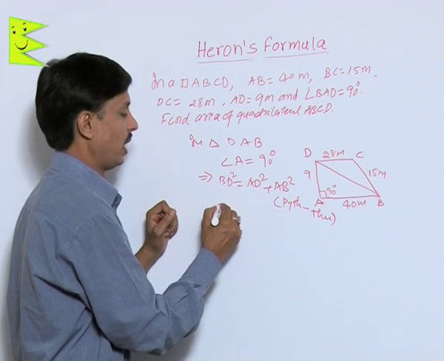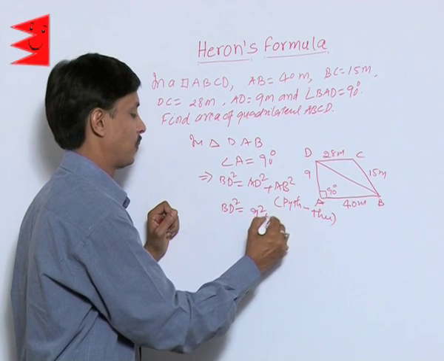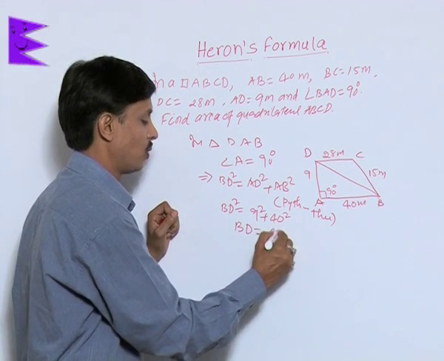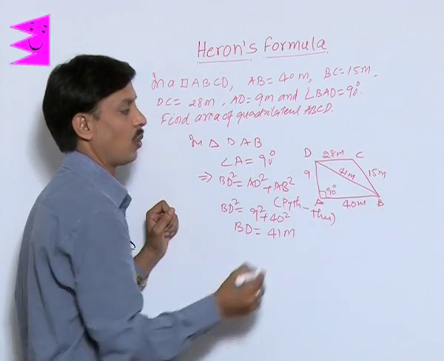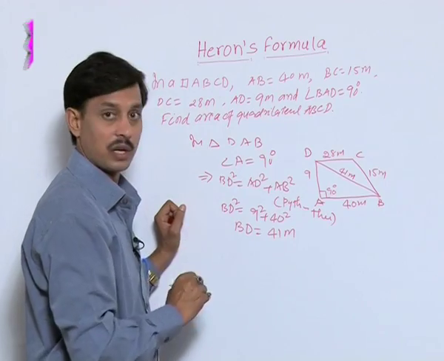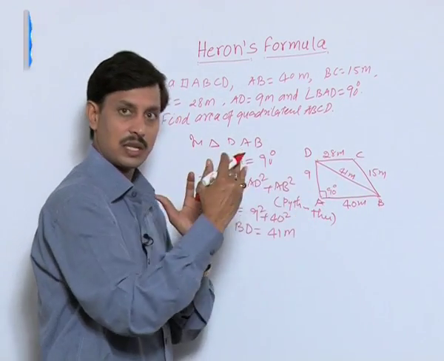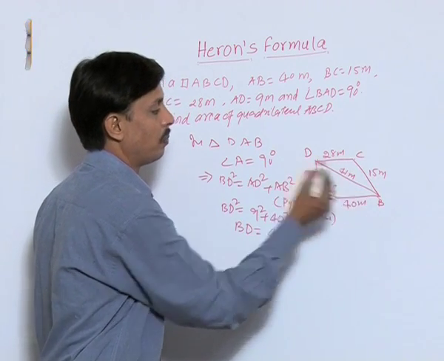So you can say BD square is equal to 9 square plus 40 square. Hence BD is equal to 41 meter. This side has been calculated as 41 meter. Now area of quadrilateral ABCD is the sum of areas of two triangles ABD and BCD.